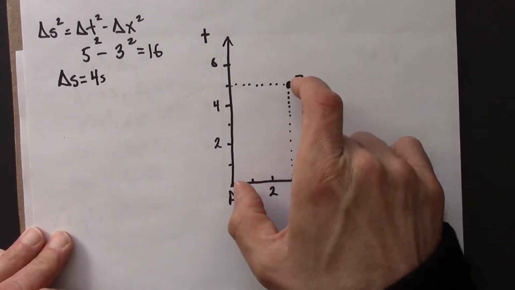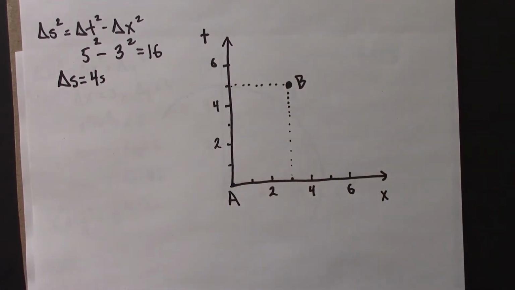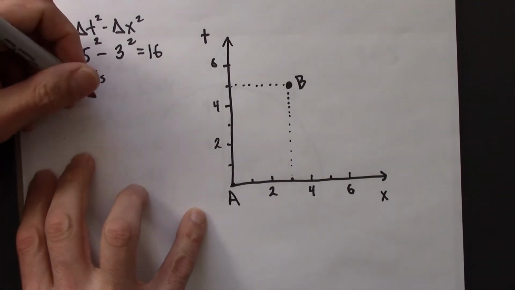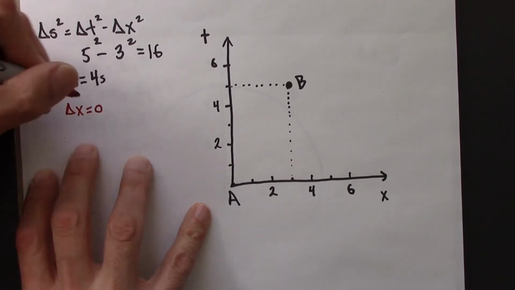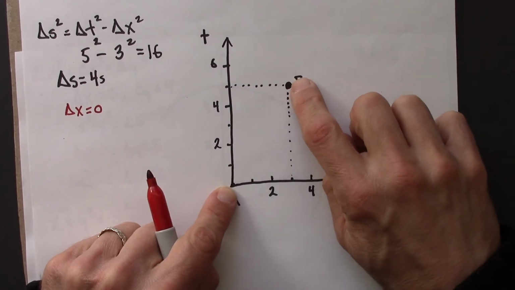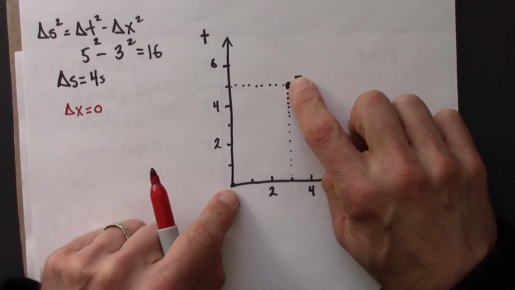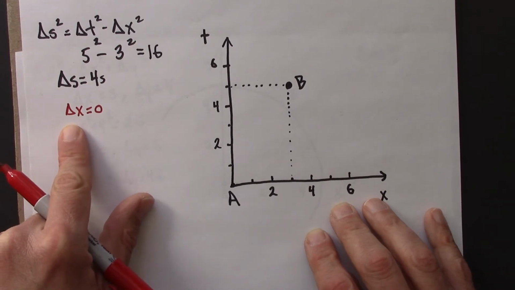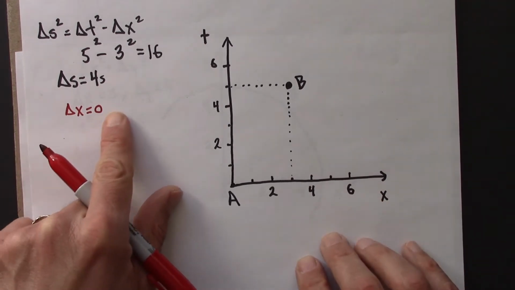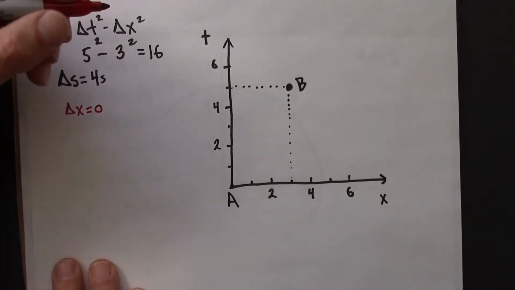Suppose there's another reference frame, I'll do this in red, that has a delta x of 0. We're observing these same 2 points, but in a different reference frame where we observe that delta x is 0. What would delta t have to be? Well, delta t, I claim, would have to be 4.